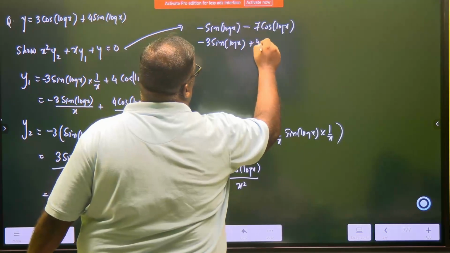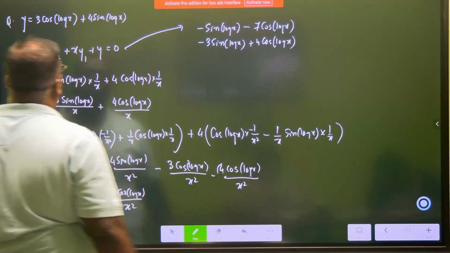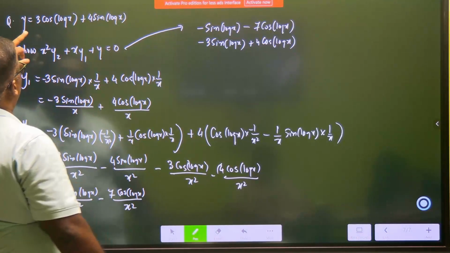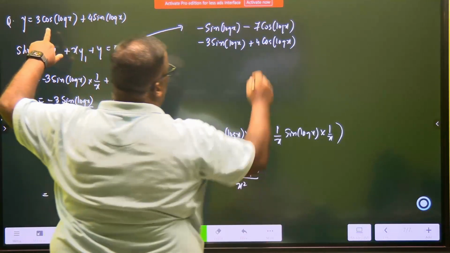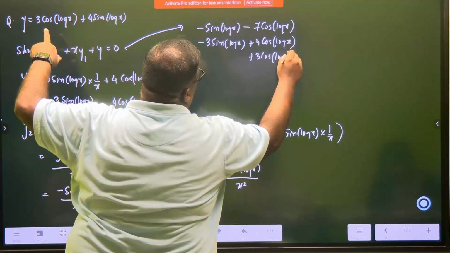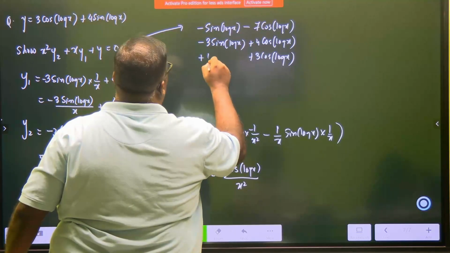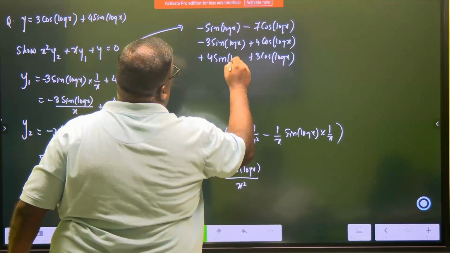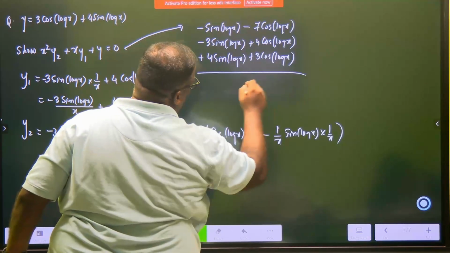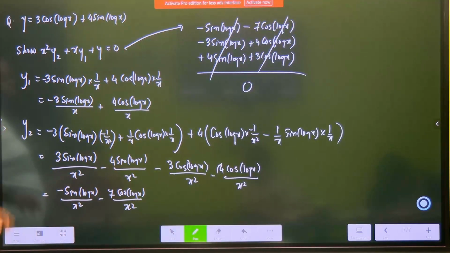With that you should add the y also. So the y is 3 cos log x plus 4 sine log x. See the happiness? Correct.